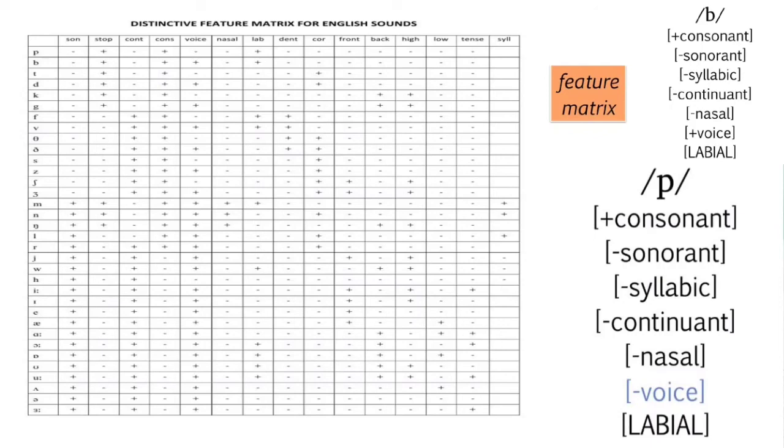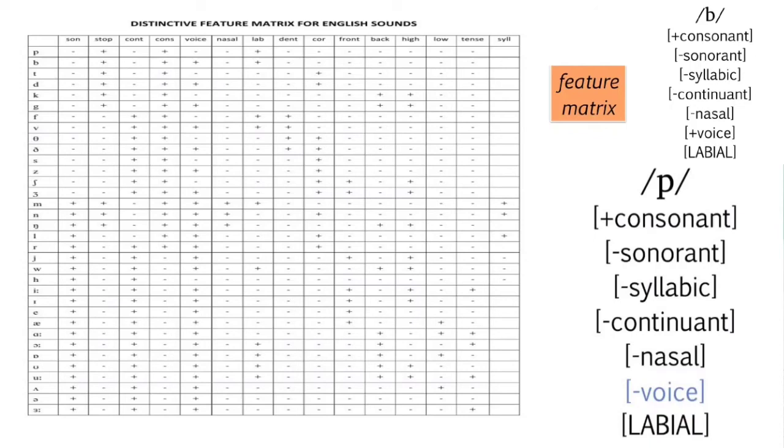The next feature is sonorant. Notice that it's indicated with a minus sign, meaning that B is not a sonorant. The feature sonorant of course has to do with sonority. We know that stops have very low sonority because the vocal tract is completely closed for stops, so stops are all coded as minus sonorant.